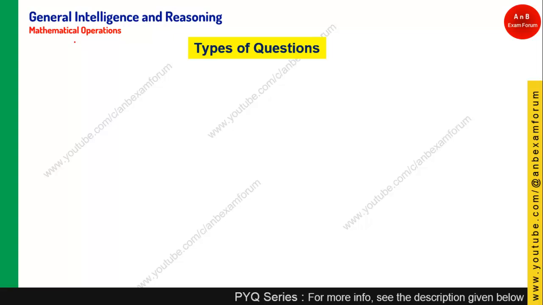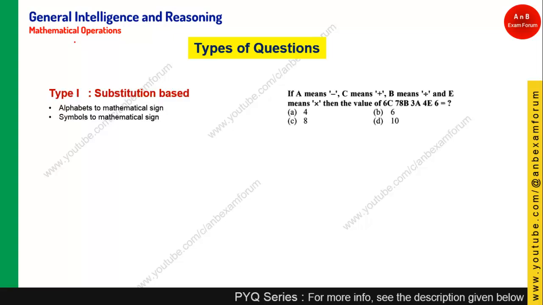So get ready. The first and foremost is the types of questions which are generally asked from this topic. There are basically four types. The first type is substitution based. In substitution based, they ask you to replace the alphabet or symbol with some mathematical operator or sign. Afterward you need to evaluate the expression by substituting the value of those alphabets or symbols.